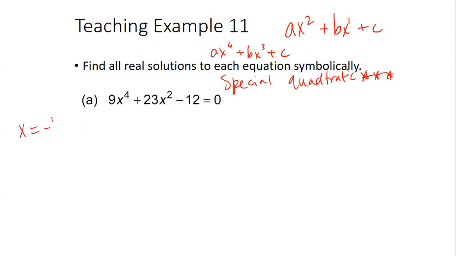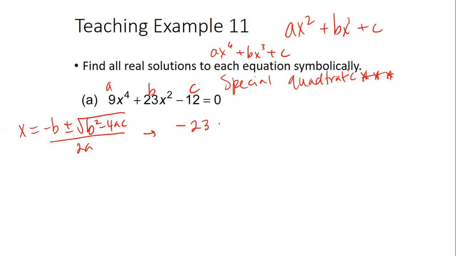That's x equals negative b plus or minus the square root of b squared minus 4ac, divided by 2a. What that looks like is: this is your a, this is your b, this is your c.